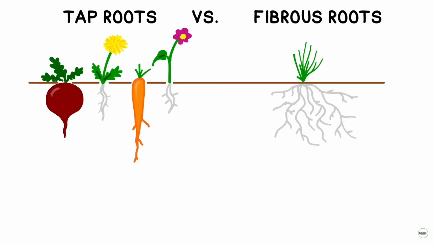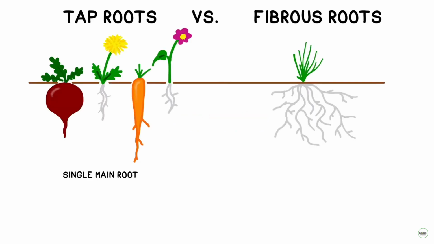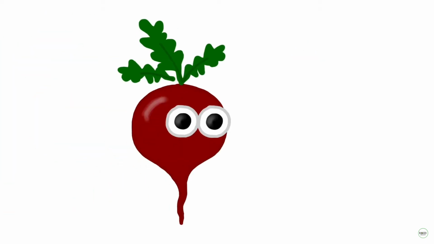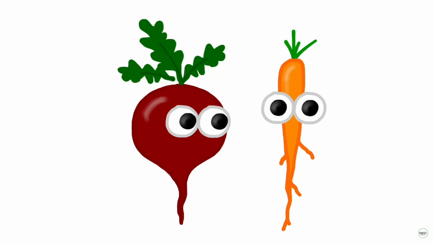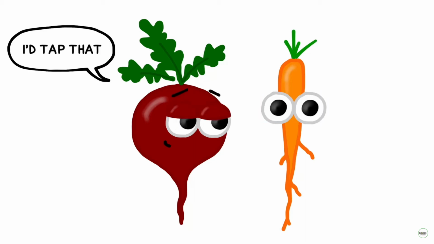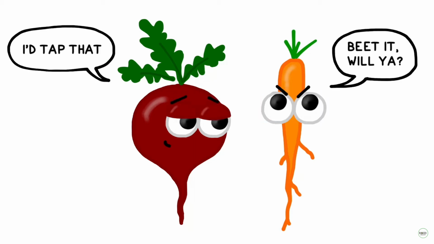There are two major types of roots: tap roots and fibrous roots. Tap roots have one major root that grows straight down, sometimes with a few smaller branches protruding off of it. It looks a bit like a carrot, and in fact, carrots, beets, dandelions, parsnips, and jicama are all examples of taproot plants.